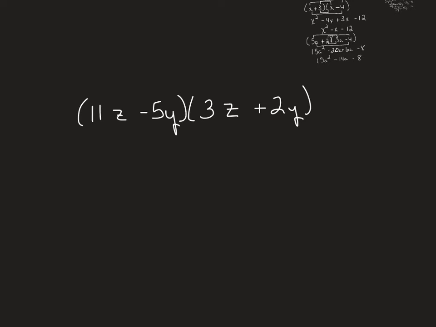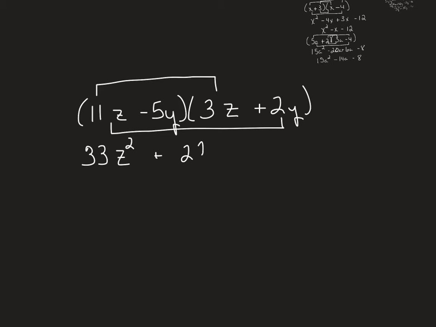So I multiplied the first terms together, and we get 33z squared. Then we multiply the two outside terms together, and 11z times 2y is plus 22yz. We usually go in alphabetical order, yz.